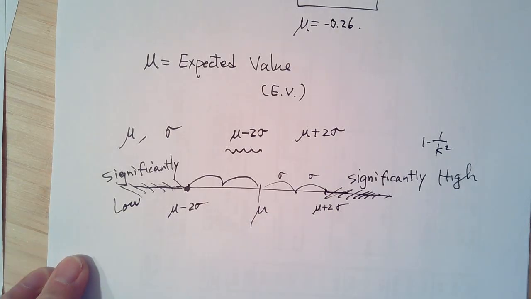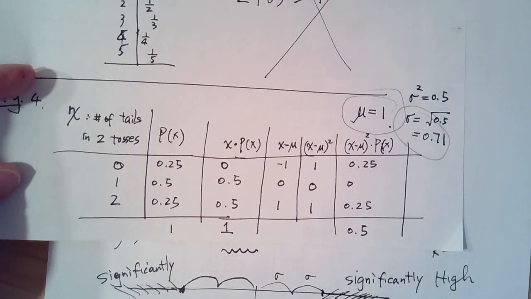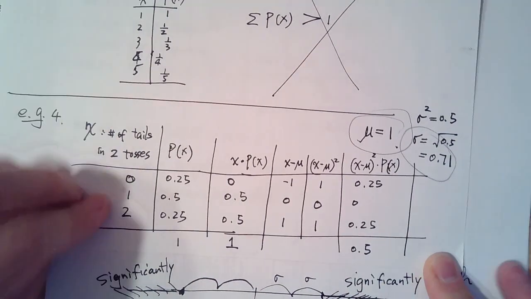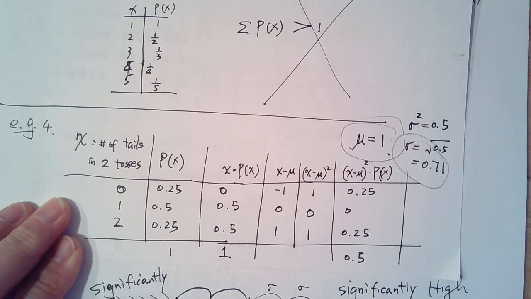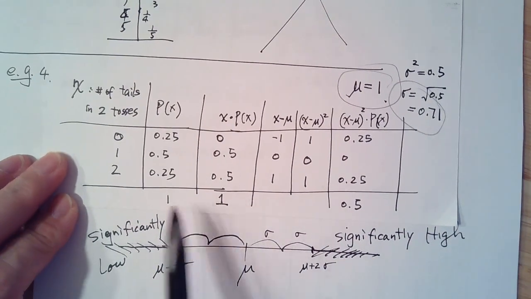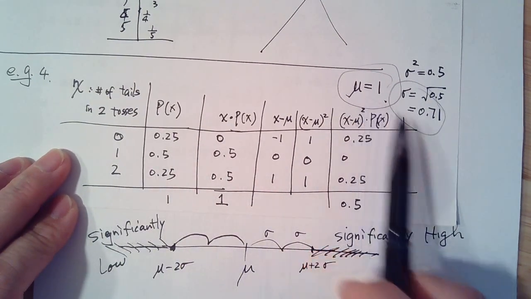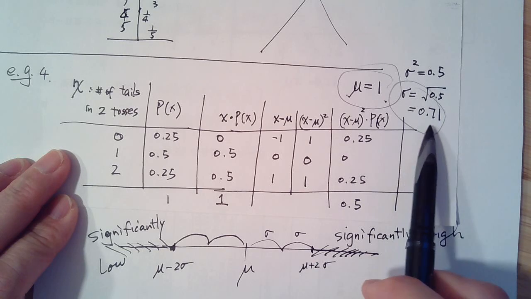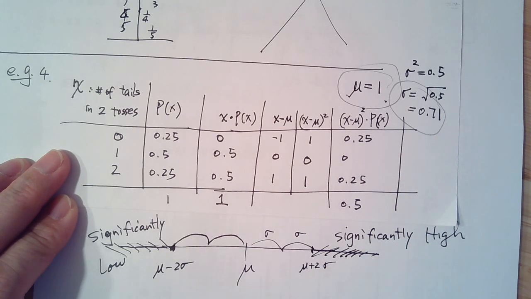All right. Now, use this one as our example. Remember the coin thing? We have mu is 1. We have sigma is 0.71. So the mu is 1, and then here's a 0.71, another 0.71. So mu plus 2 sigma, that's 1 plus 2 times 0.71.